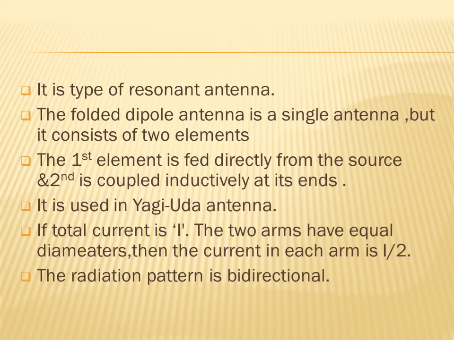The radiation pattern is the same as your half dipole antenna, so it is bidirectional. Why is it bidirectional? Both forward and reflected waves are present. So you have to write all these points in a MSBT exam.